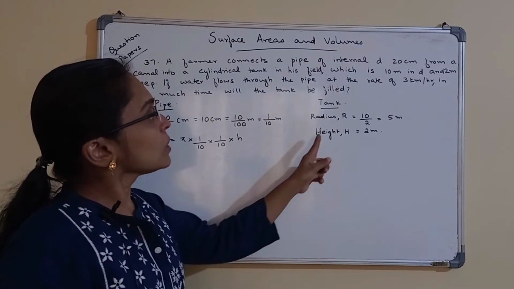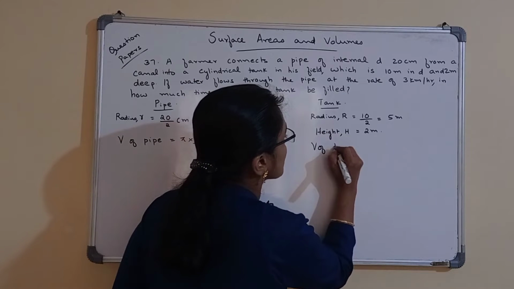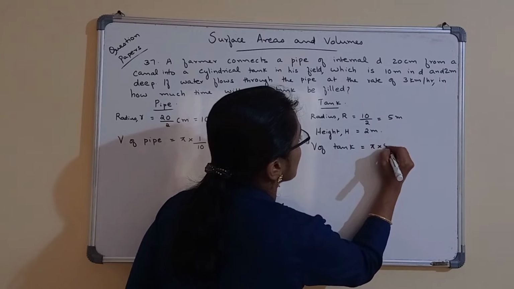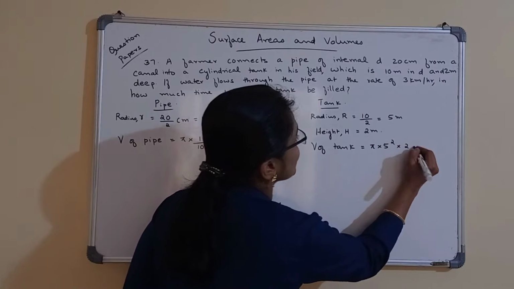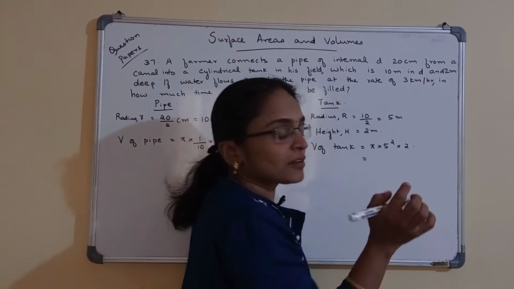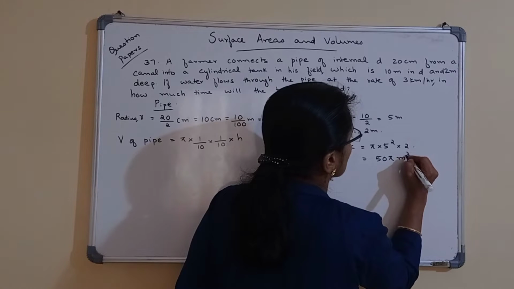Okay, now what is volume of tank? Volume of tank is equal to pi into r square, 5 square into h. That is pi into 25 into 2, which is 50 pi meter cube.